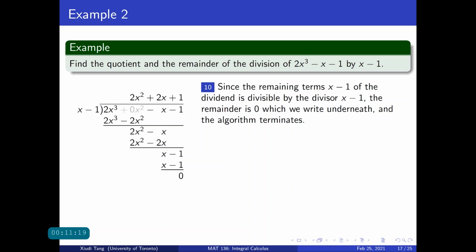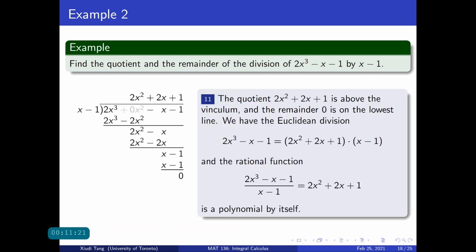And now we can read the quotient from the top line, 2x squared plus 2x plus 1, and the remainder 0 from the last line. The Euclidean division takes a quite simple form: 2x cubed minus x minus 1 is a multiple of the two polynomials without a remainder, and the rational function becomes 2x squared plus 2x plus 1, which is a polynomial itself. There's no proper rational part in this case.